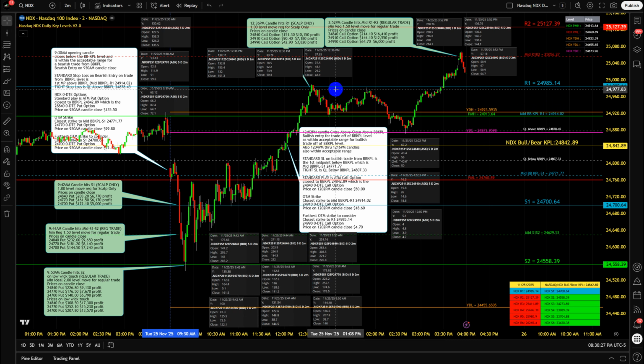And one thing you have to keep in mind with Nasdaq is that since the Nasdaq options are so expensive, you may be more inclined to just do scalps on the Nasdaq versus regular trades. So that's up to trader's choice, but you just have to be cognizant of the fact that these options are a lot more expensive, even though here these were a lot cheaper.